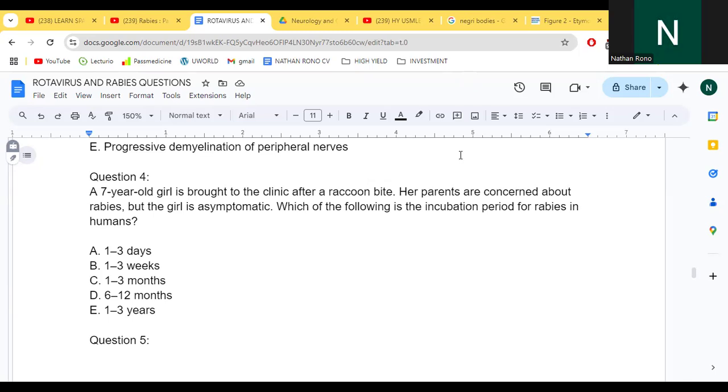Answers? Someone is saying C, others are saying B, 1 to 3 weeks. Any other answer?